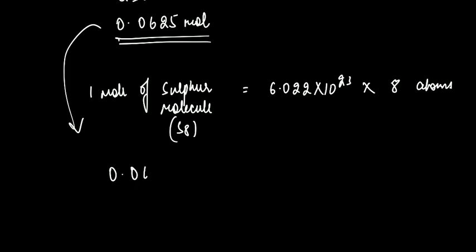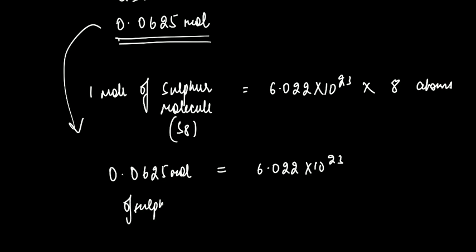So 0.0625 mole of sulfur molecule is going to be 6.022 into 10 to the power 23 into 8 into 0.0625. Correct? So 1 mole is this, 0.0625 mole will be equal to what atoms?